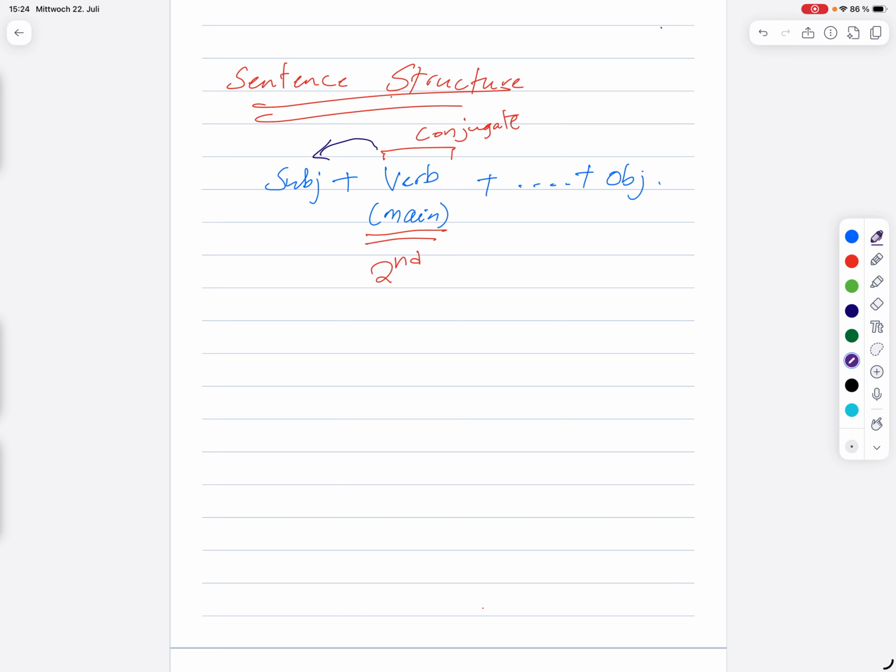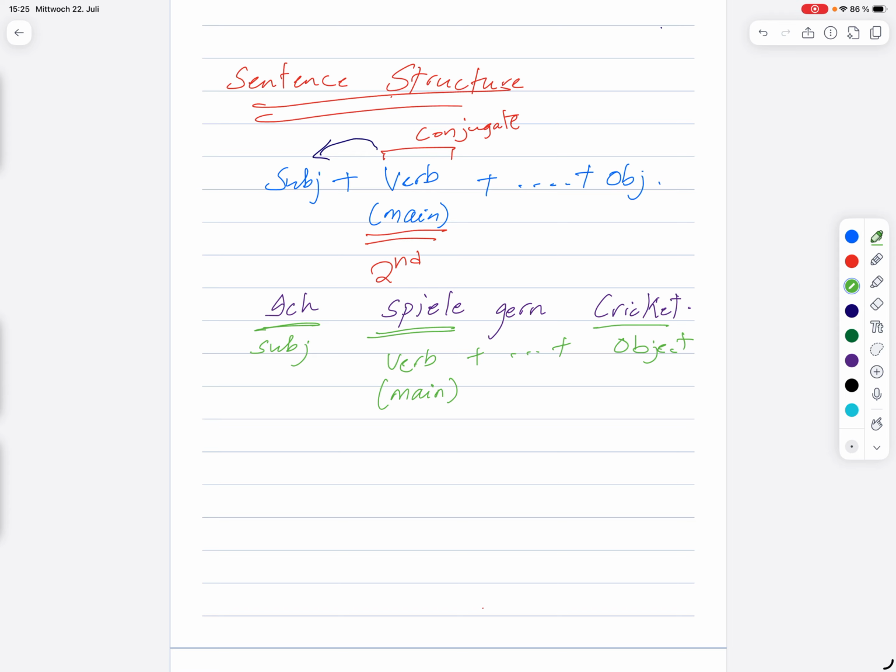For example, we have the example: Ich spiele gern Cricket, right? In this we have the subject, we have the object, and then we have the verb, which is the main verb, and some extra information.